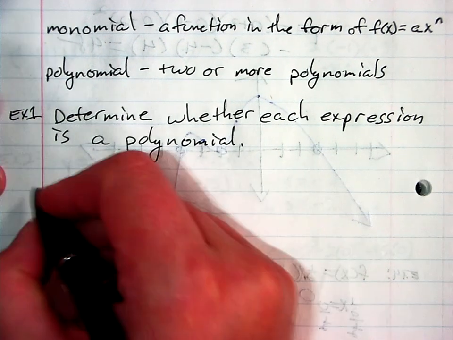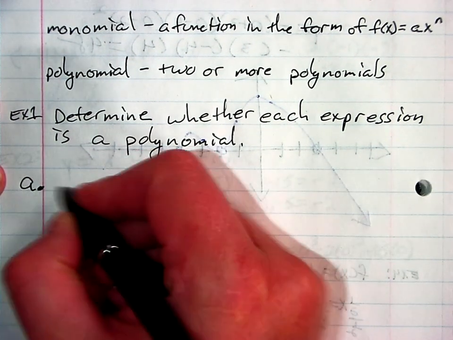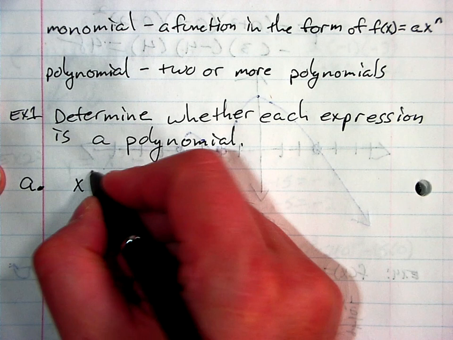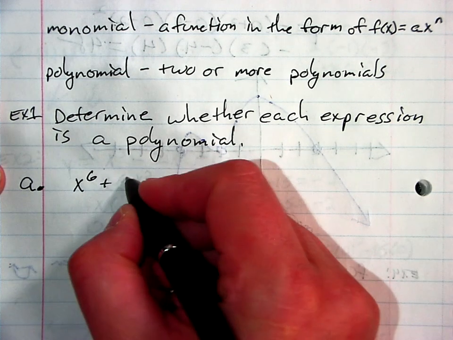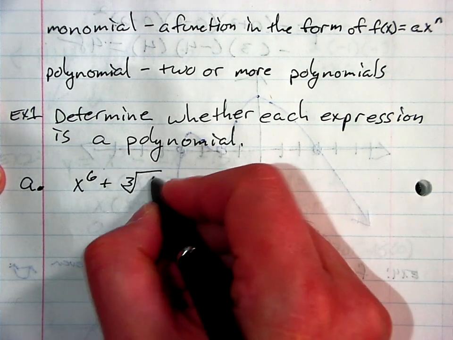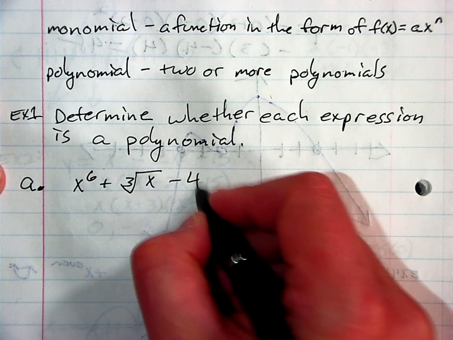And this is just like your homework. A: x to the 6th plus the cube root of x minus 4.